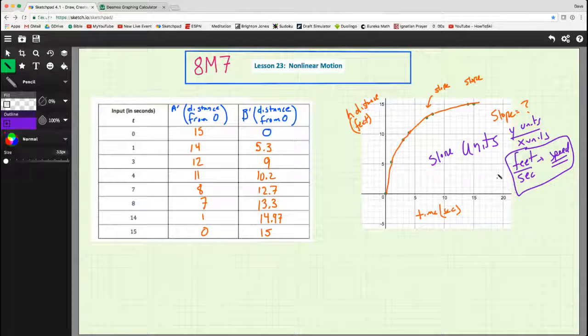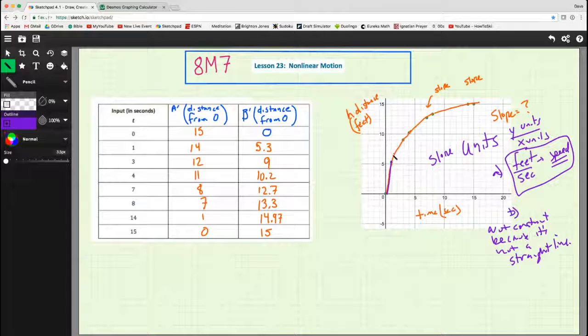Now, the second question was, is it increasing or decreasing? Well, it's not constant, because it's not a straight line. One of the big things I want you to take away from this year is that constant slopes mean constant rates, and they're straight lines. So this is not a straight line.